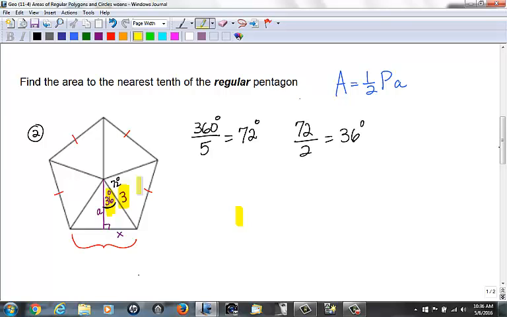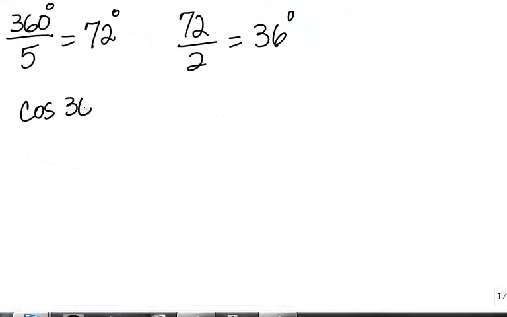If I want to figure A in terms of this right triangle, what side is A compared to that 36 degrees? It's the adjacent side. So I have adjacent, and I have the hypotenuse. What trig function? Yes, cosine. You have to go back to chapter 8. So it's cosine of 36 degrees.